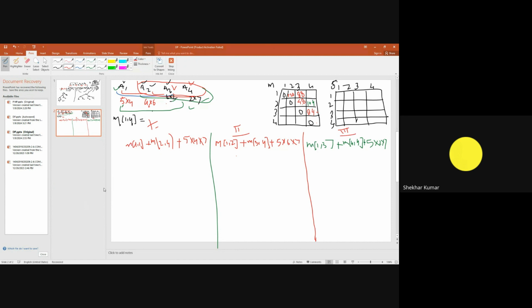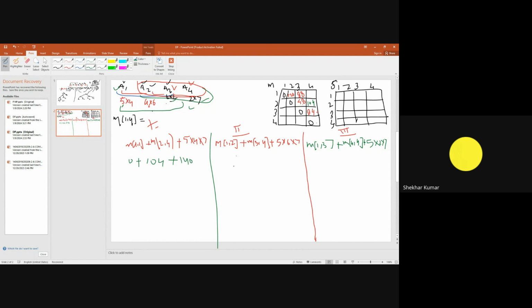So in the first approach, if you calculate the cost, this is your 0, and M of 2 to 4, this value is 104, plus this value, 5 into 4 is 20, 140. This is your 140.